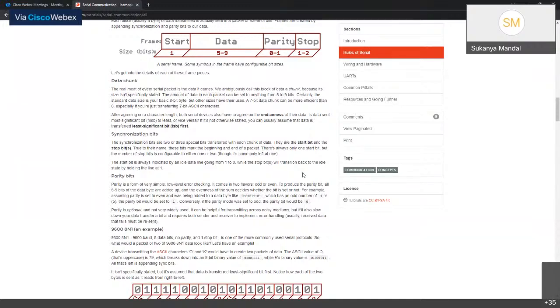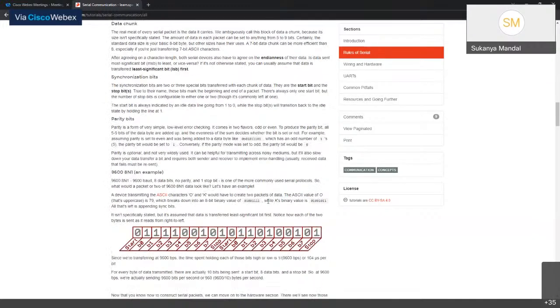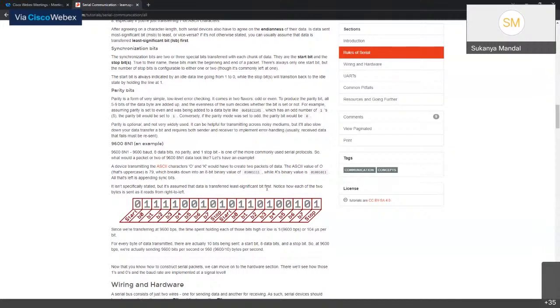Talking about parity bits, parity is a very simple form of low-level error checking. It comes in 2 flavors, either odd or even. To produce the parity bit, all 5 to 9 bits of the data byte are added up, and the evenness of the sum decides whether the bit has to be set or not.